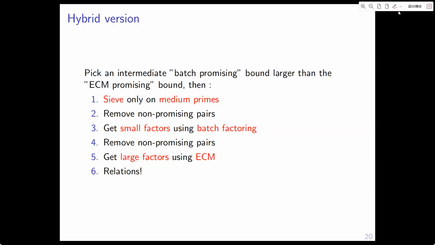The second step is to remove non-promising pairs, so we filter a first time. Then we get the small factors using batch factoring. Then we remove non-promising pairs again, so we filter a second time. And then we finally get the large factors with ECM. And this gives us relations.